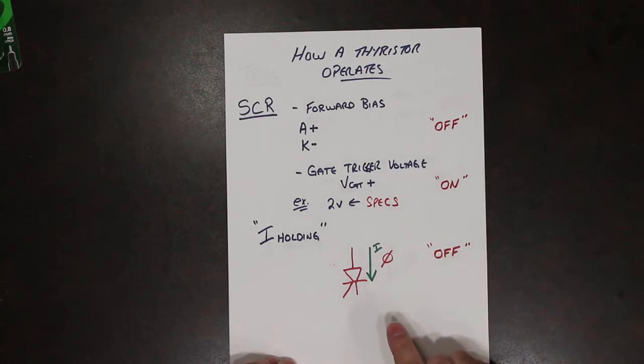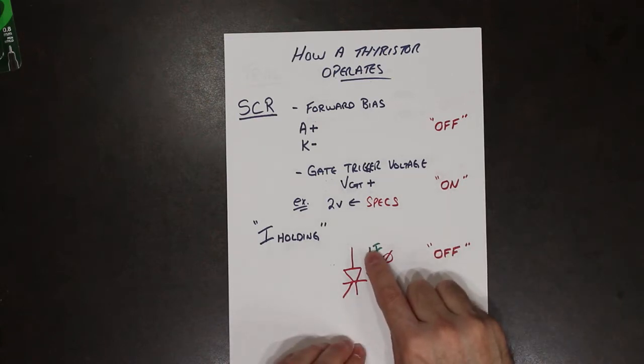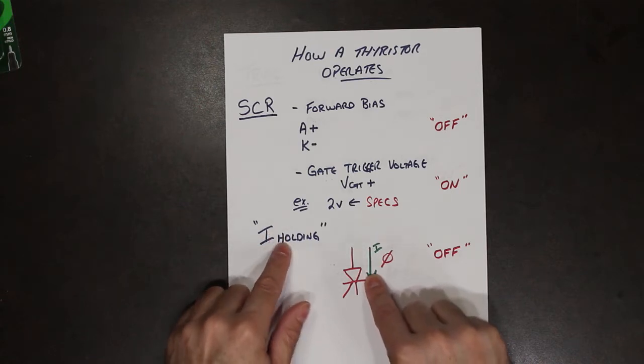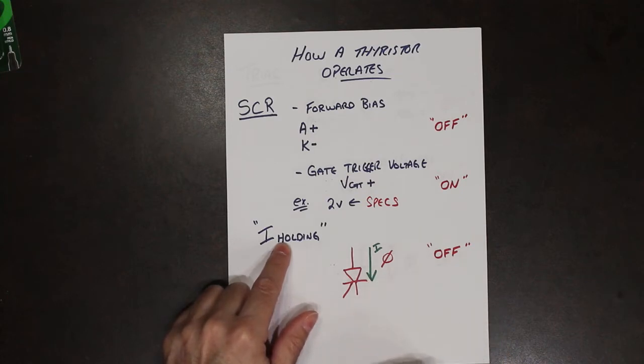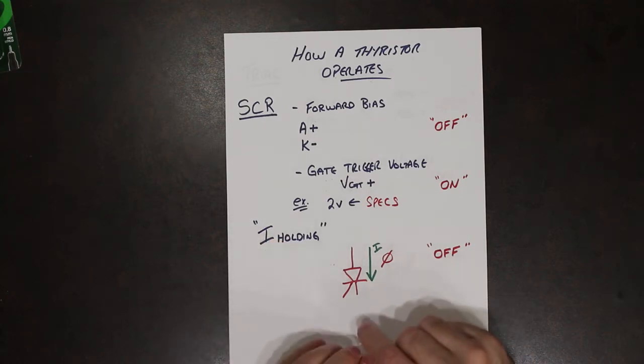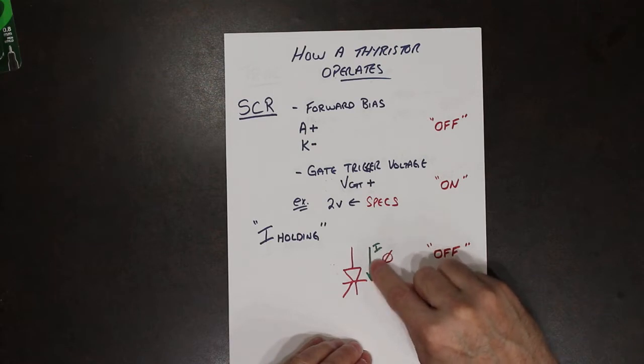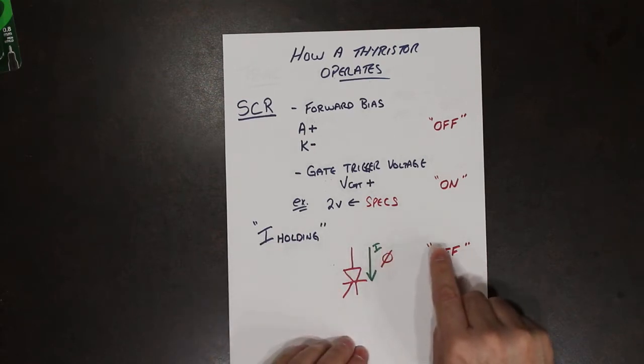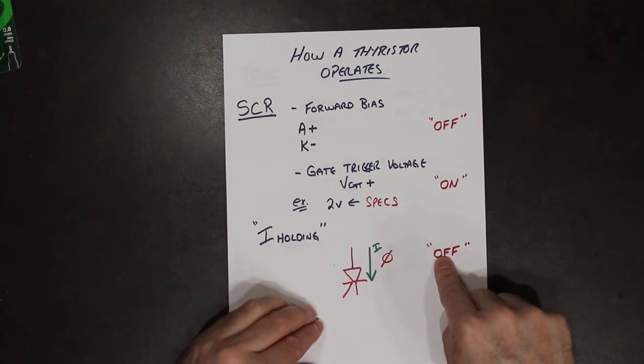It will remain on as long as there's current flowing through the device, and that current is greater than the holding current, which you will also find in the specs. At any time when the current through the device drops below the holding current, the device turns off.